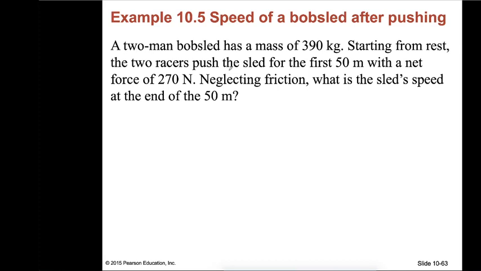So we can calculate the change of the energy, which is the work, by using work equals Fd cosine theta, but here theta is 0 because the force and displacement are in the same direction. Cosine theta is 1, so work equals Fd. And work equals the energy change.